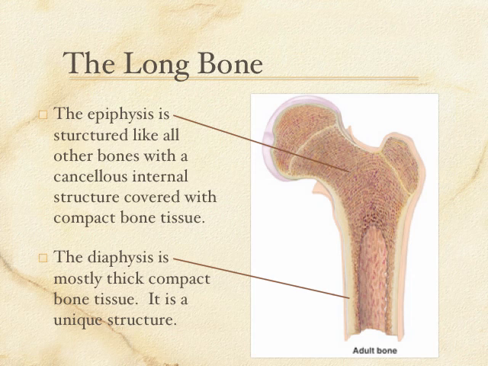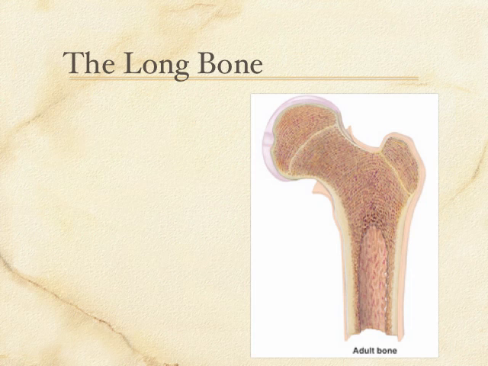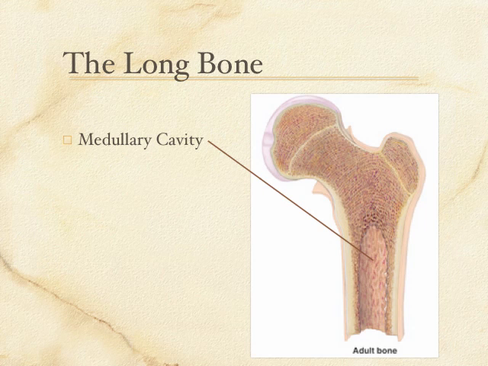Thick, compact bone is going to make the diaphysis extra strong so it is not easily broken given its length. Now when you have this thick, compact bone with just a little bit of cancellous bone, then you're going to wind up with a hollow space inside the diaphysis of the bone. This hollow space is called the medullary cavity of the bone. The medullary cavity.